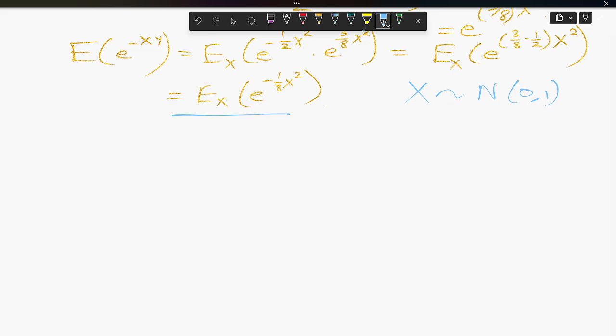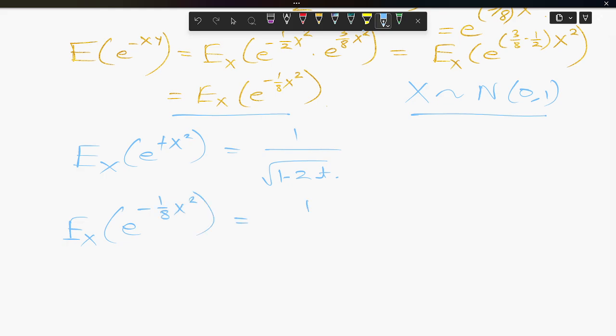For X following a normal distribution of 0, 1, X square follows a chi-square distribution with 1 degree of freedom, and its moment generating function is 1 upon root of (1 minus 2t). Just substitute t equals minus 1 by 8 and we get the correct answer of this question.